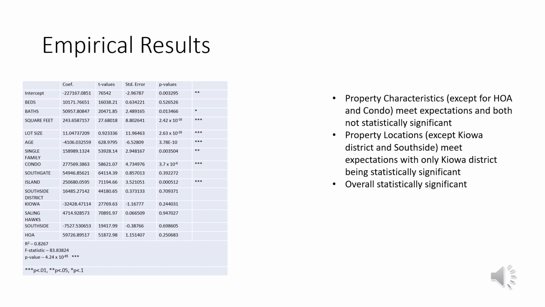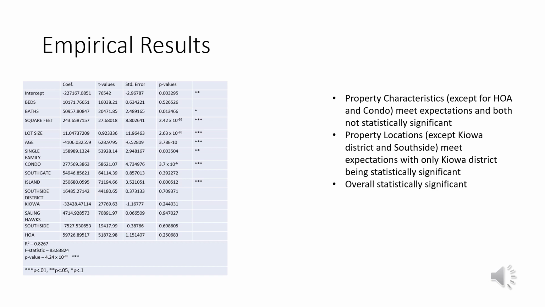After running the regression, we can see that property characteristics generally meet expectations, except for the homeowners association, which was expected to have a negative sign. The results show that it has a positive coefficient. And the condominium was expected to have a negative sign, but it too has a positive coefficient.